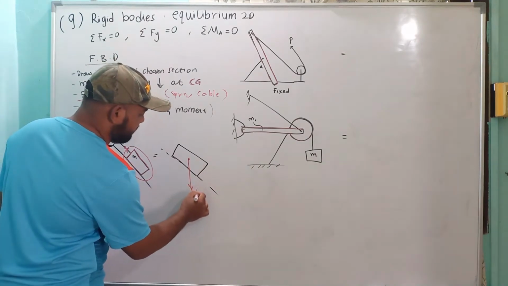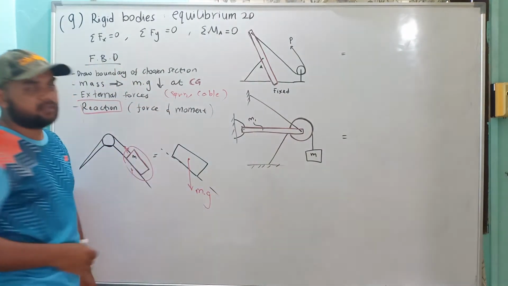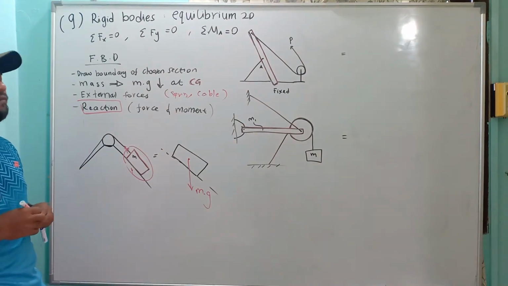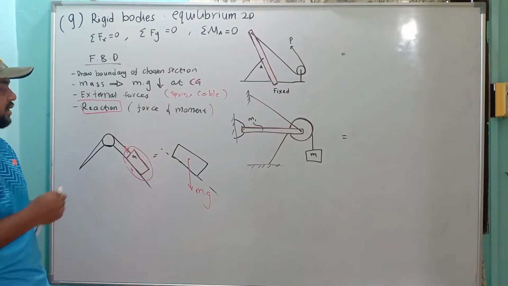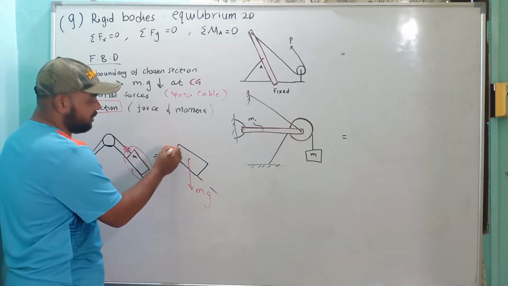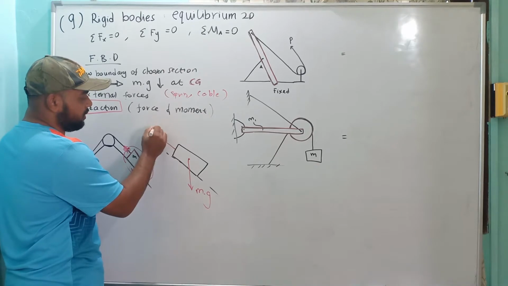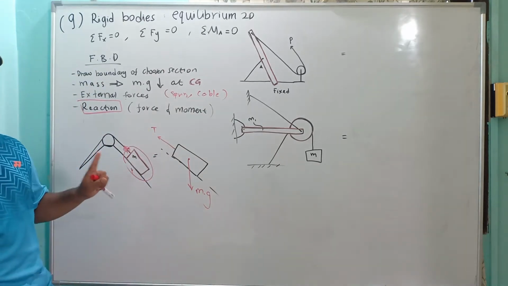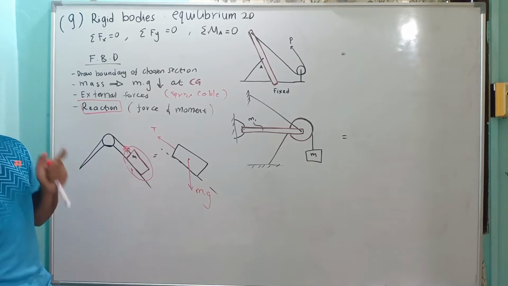So mg downward. Then external forces, if there is a spring or a cable. From this figure you know that you have one cable here, so there will be one cable. Always remember that a cable is always outward of the component, in tension.